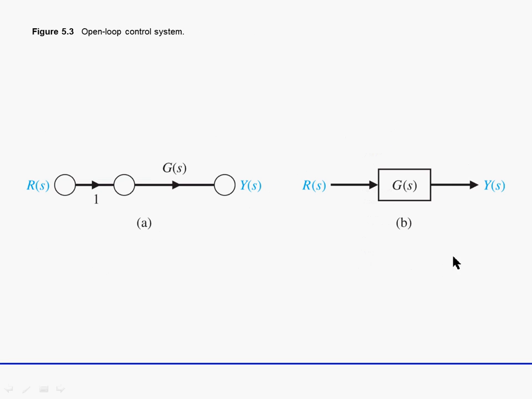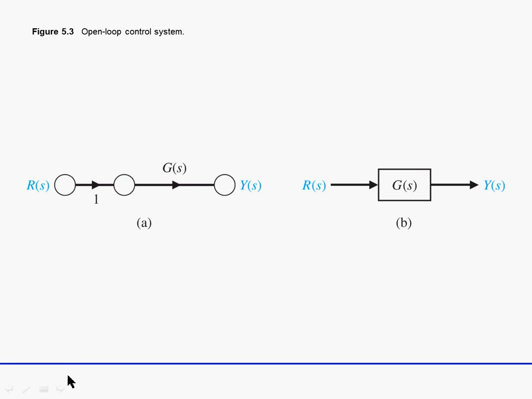In here, for example, if you have the system as a transfer function block, your input is over here, this is the output. What we have in here, as you see, is called a closed loop control system.